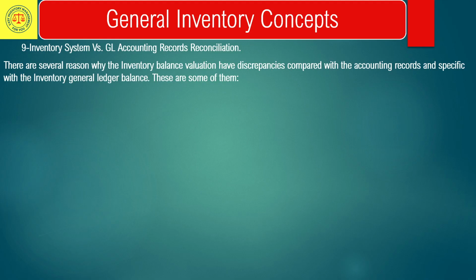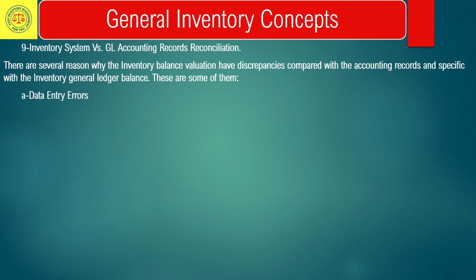Your inventory report says the value of my inventory at a certain day is this amount. My general ledger should have the same amount. But if it doesn't happen, we have to find out which of the following reasons applies or explains the discrepancy.